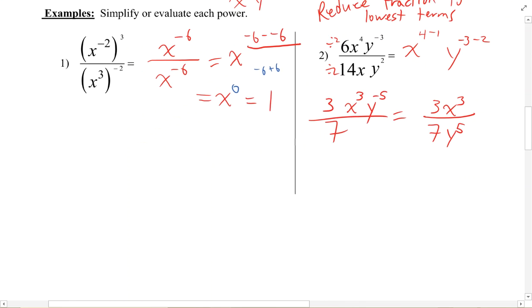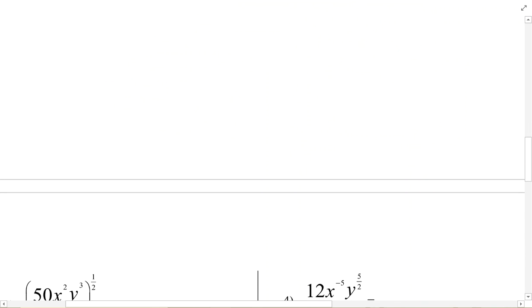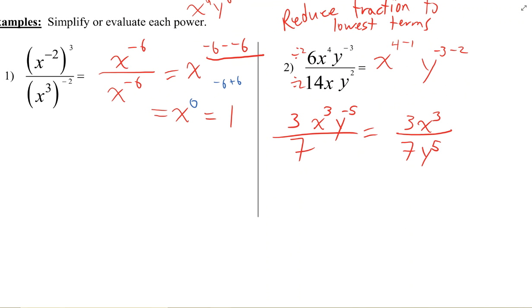Similar to ones we were doing earlier. Turn it over to the next page. Because when we do our division, the answer ends up on top and it's a negative 5. So we have to fix the negative sign.